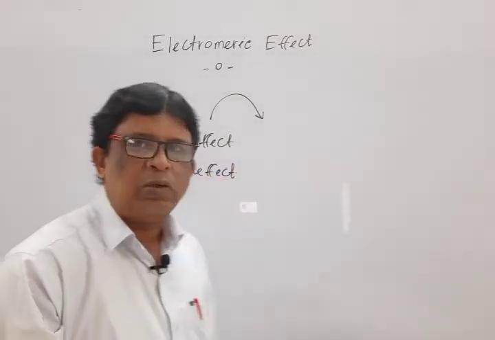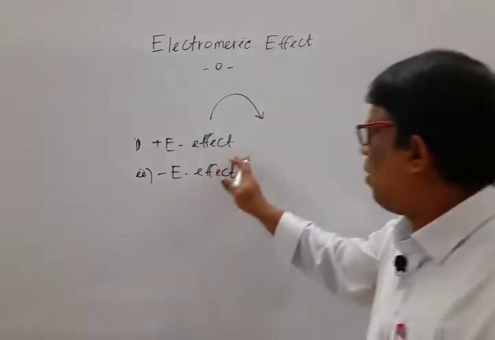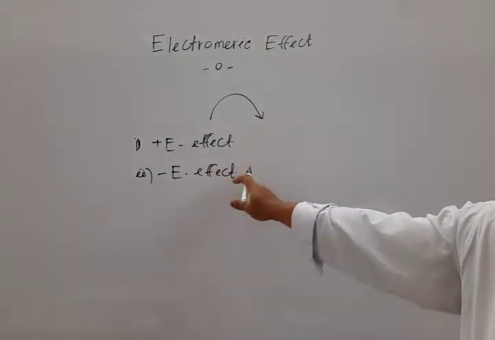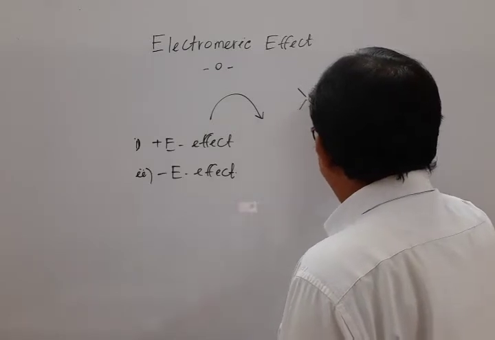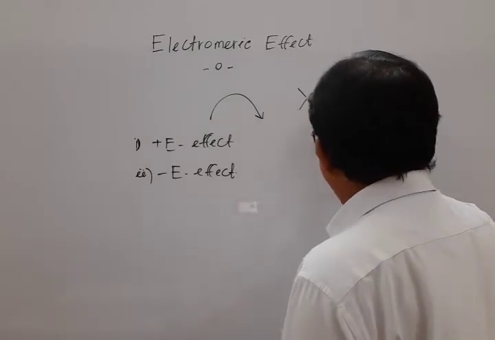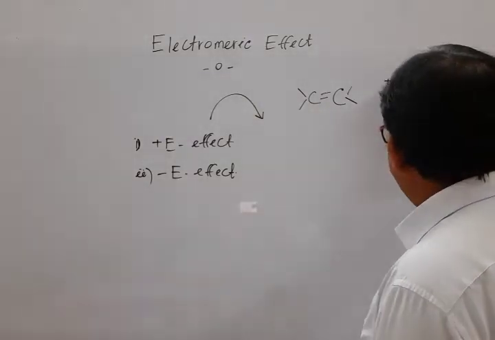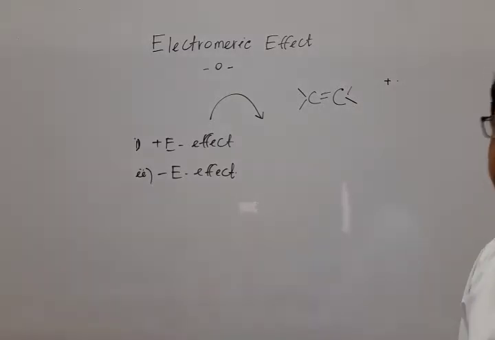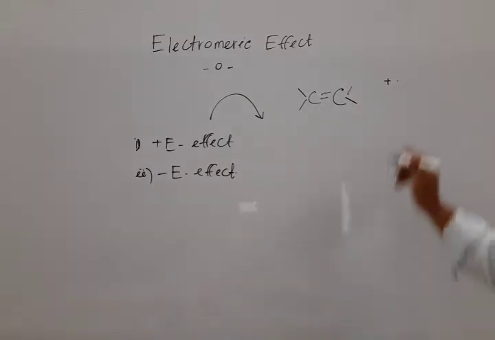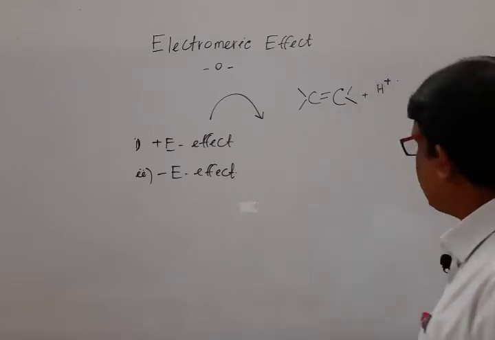So before going to the discussion of what is plus E effect and what is minus E effect, let me give one suitable example of how this effect operates. Mark that. It is a multiple bond and there is one attacking reagent, a species; a suitable example of an attacking reagent is the H plus ion.